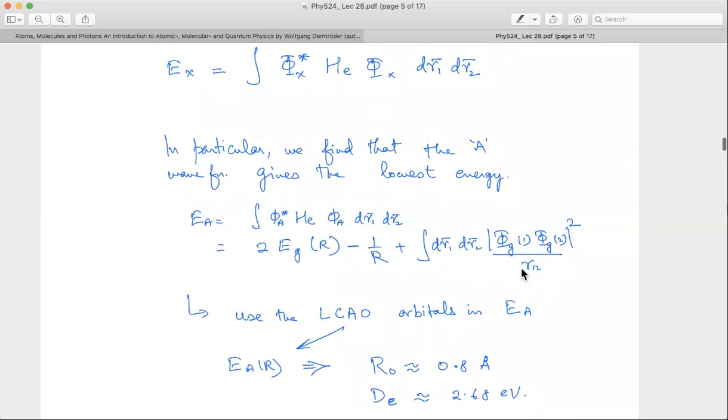So that again I need to integrate dr1, dr2, phi g1, phi g2 mod square. Because there are 2 electrons, now the phase space is also 6-dimensional. So 3 coordinates corresponding to R1, 3 coordinates corresponding to R2. That's why this integral is over R1 and R2 both.